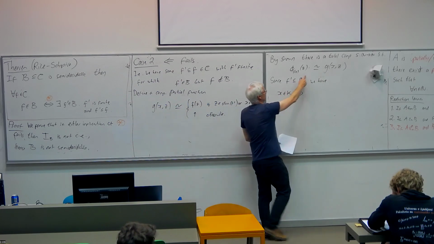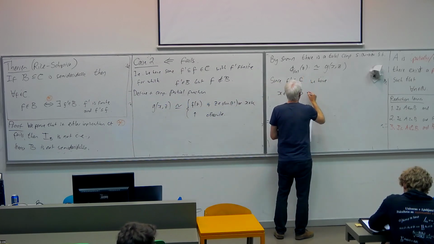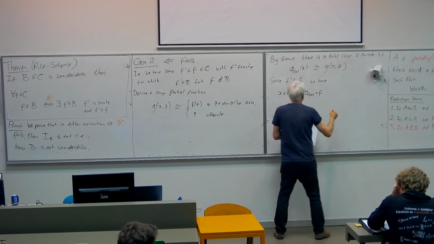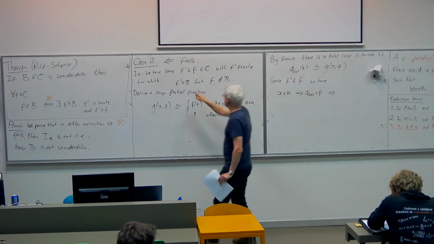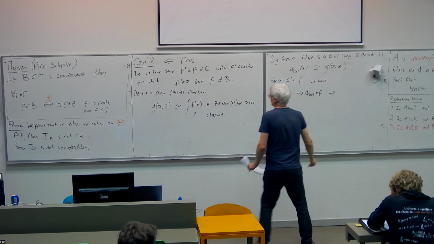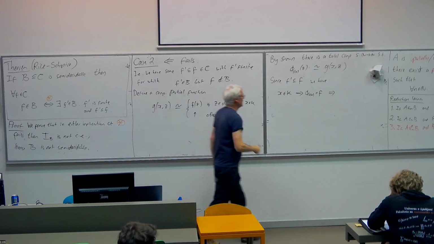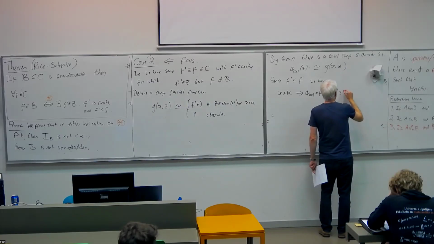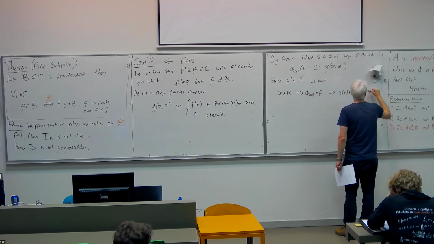So that means that phi of S of x equals f, and f was not in B. So that means S of x does not belong to the index set of B, because f is not in B.